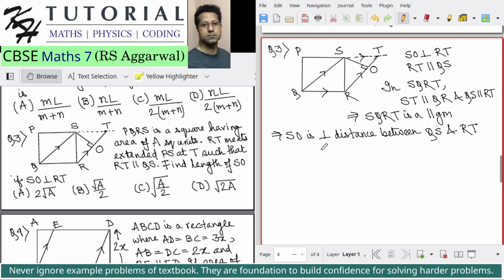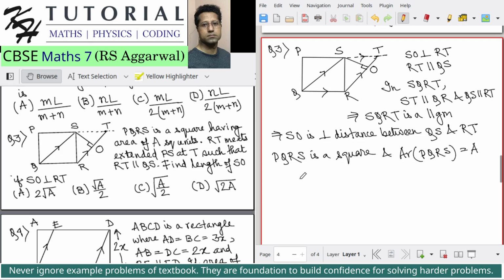Now PQRS is a square having area A. We have already discussed, while discussing area and perimeter of a square, that for a square, the area is equal to the square of the length of the diagonal divided by 2.